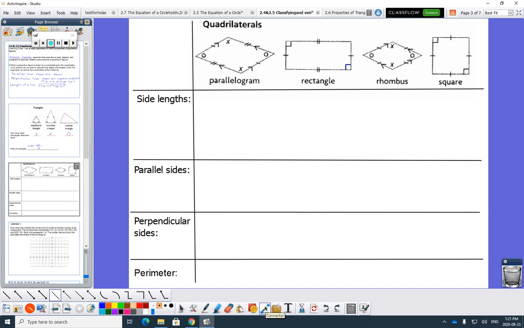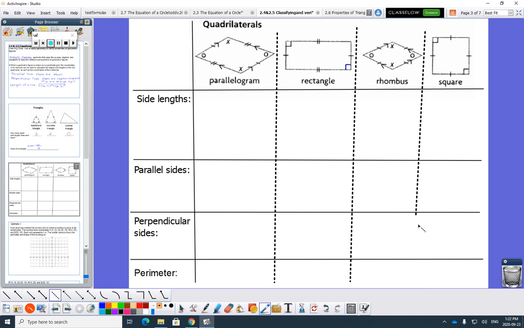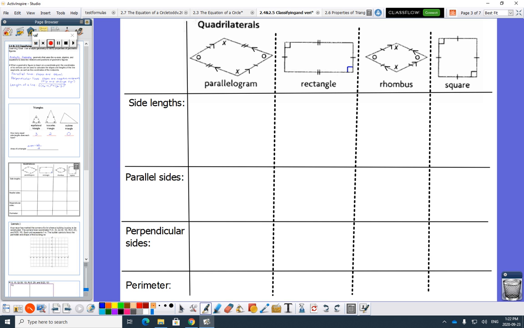If this is ugly to you, you can separate them further. You don't have to draw that in, but if that's going to bug you, you can. Or you could use the side of your calculator as a ruler.